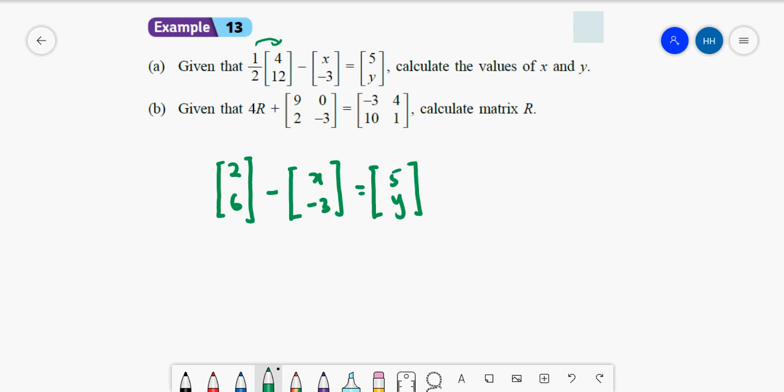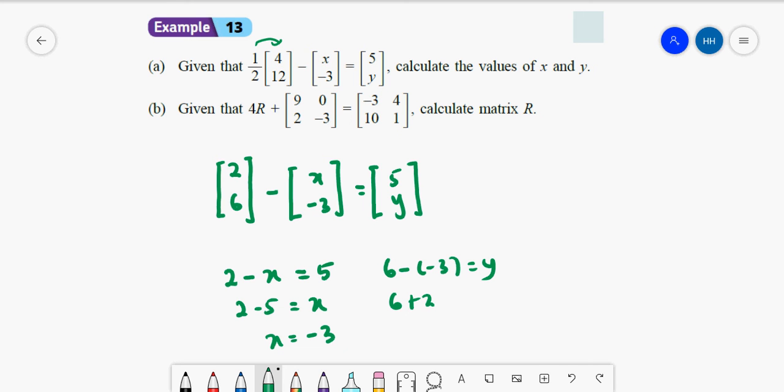So you form a linear equation to find x. 2 minus x equals 5. So 2 minus 5 equals x, x equals negative 3. And then you form another equation to find y. 6 minus negative 3 equals y. So 6 plus 3 equals y. Then y is equal to 9.